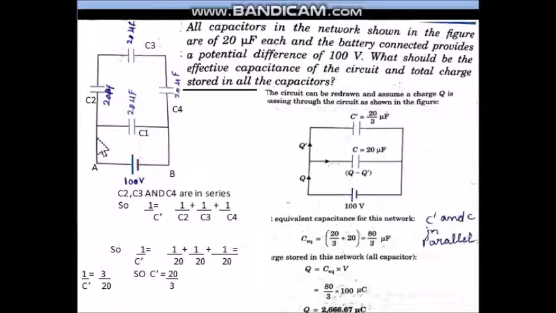At last we have to return the charge back to B.